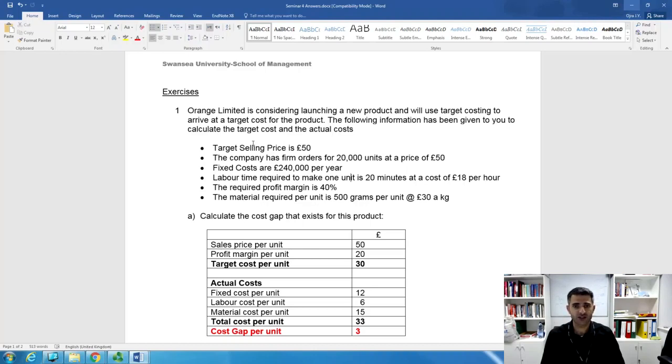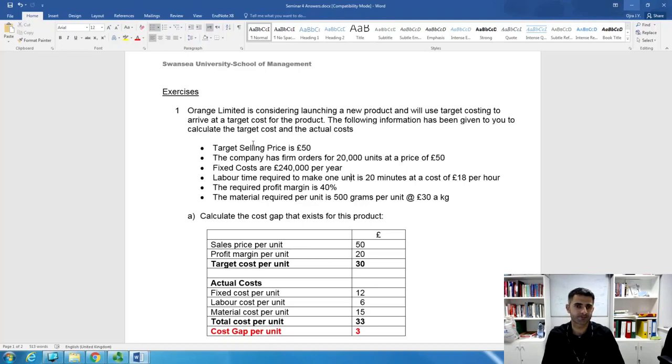The fixed costs are 241,000 per year. Labor time required to make 1 unit, each unit takes 20 minutes, and the business pays £18 per hour for labor.